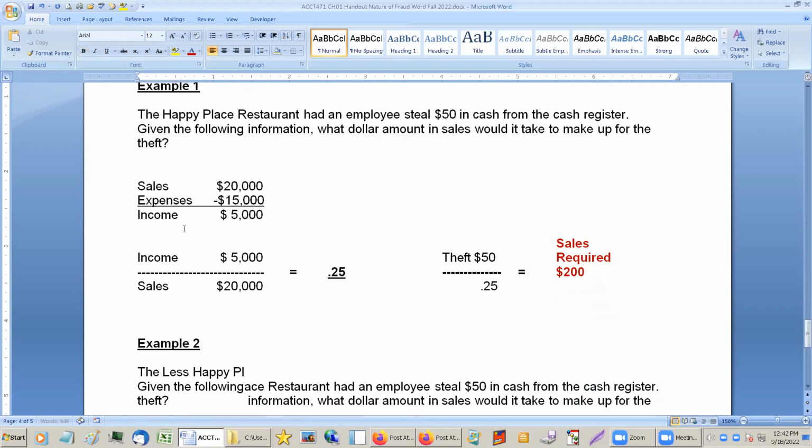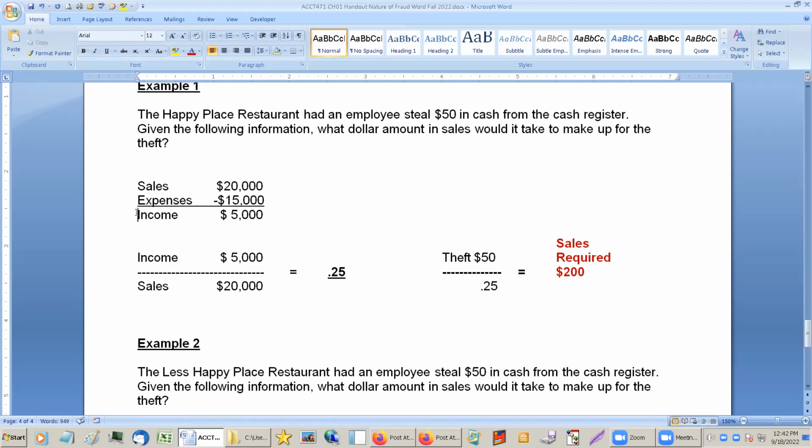So it depends on how much their income is relative to their sales, as far as what we're looking for here. If you look for a ratio, this would be like return on sales, something like that.